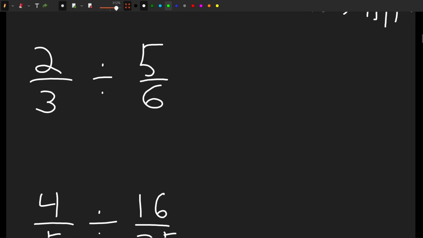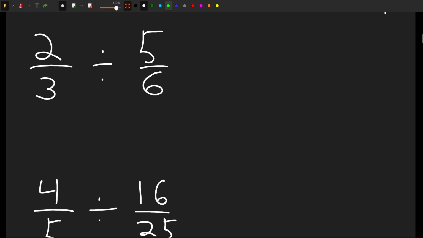Okay, so for 2/3 divided by 5/6, we need to remember to use the reciprocal first. 2/3 will remain the way it is, and then division will change to multiplication, and the second fraction will get flipped, and we'll have 6/5.